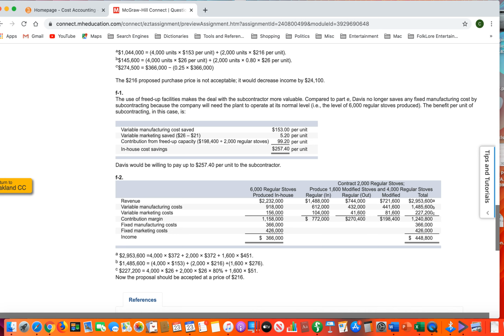And they show you here in the detail. The contribution margin, if you take the sale price, and I did it. I'm trying to show you how I did it, but I can't show you how unless I can tell you how. I took the sales minus the variable cost, manufacturing variable cost, and the variable cost for marketing. I came up with a contribution margin, if you would.